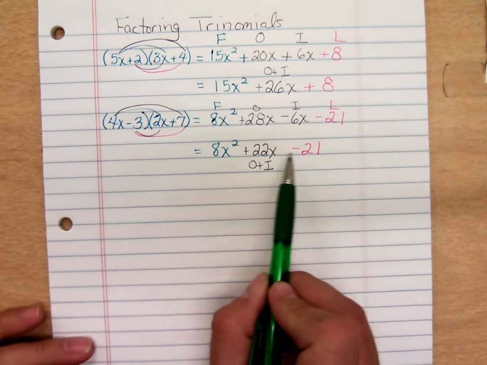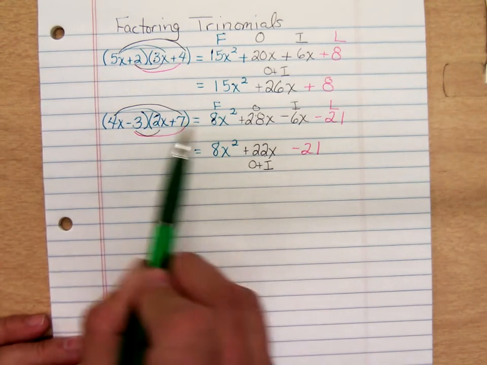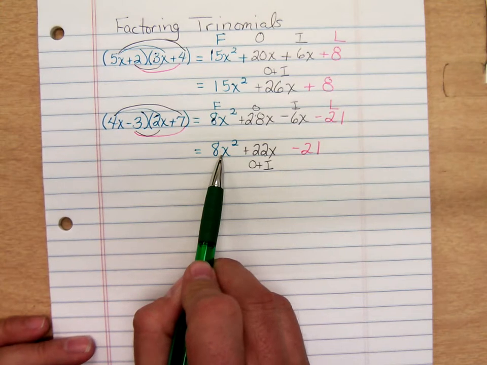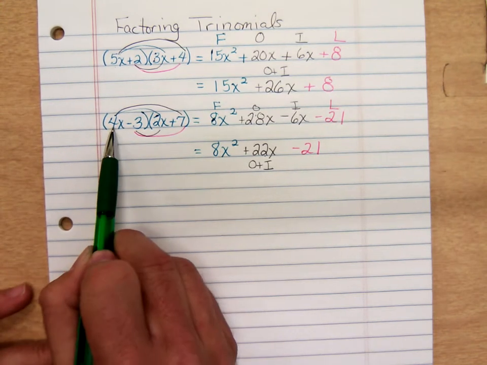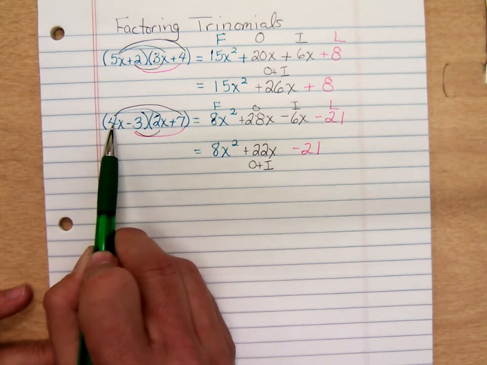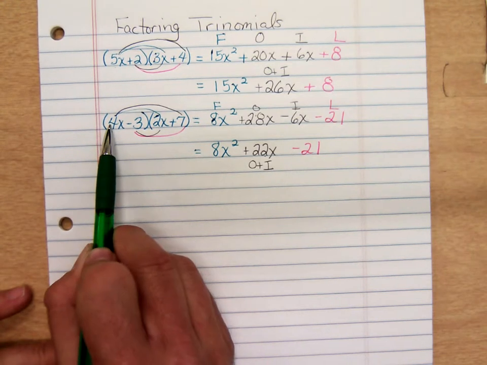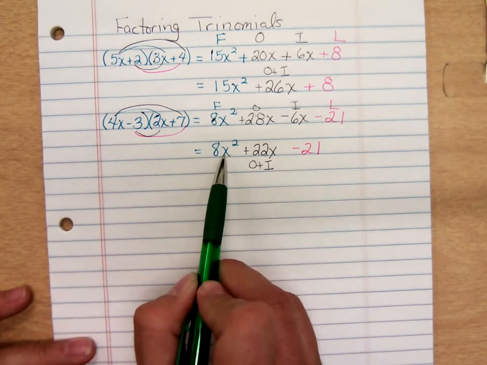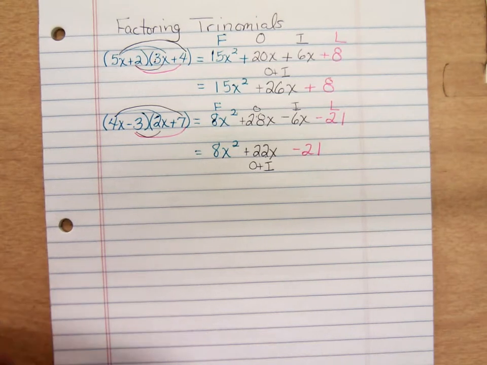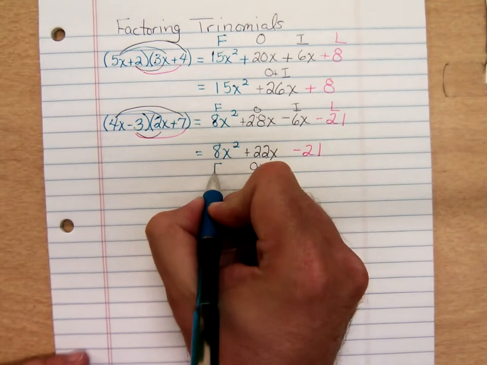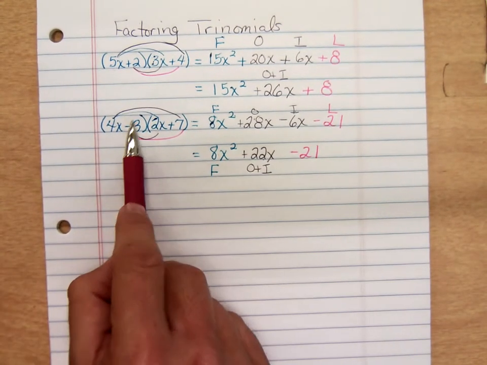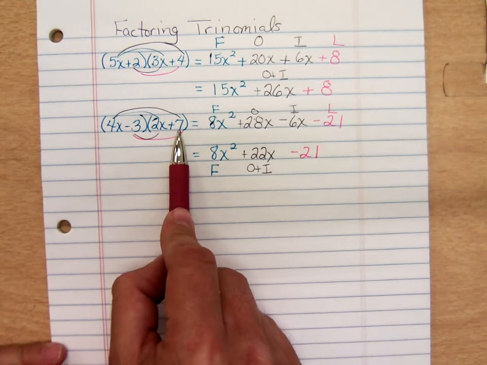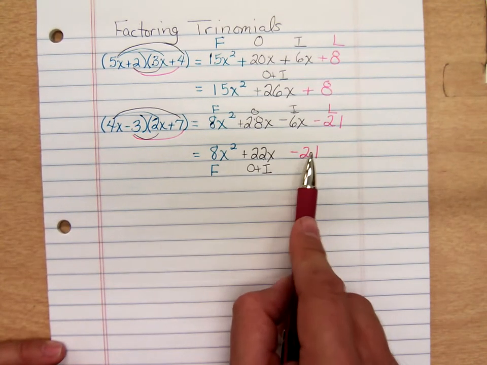If we were going to start here and go backwards, this first term you get from these first two terms. So these two terms have to multiply together to give the 8x squared. The last terms, the negative 3 and the positive 7, have to multiply together to give that last term.